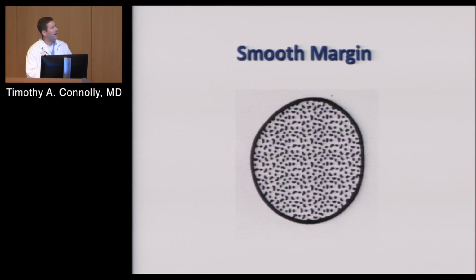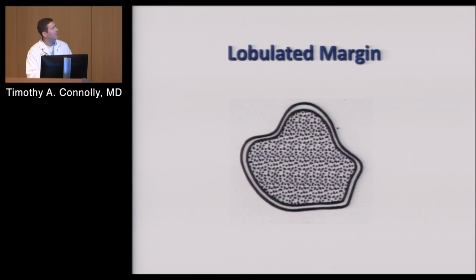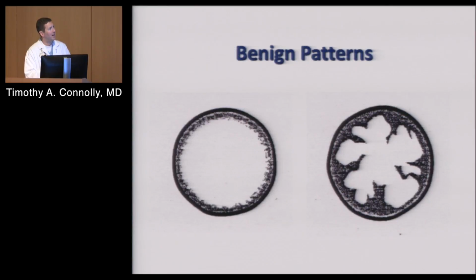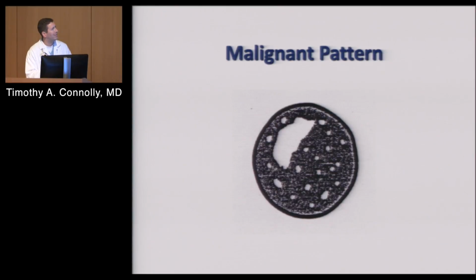So here's an example of a nice smooth circle. That would be something that would be more lobulated, and that's nasty looking. Again, benign patterns of calcification, nice diffuse calcium throughout. That would be something that might be a little bit odd.